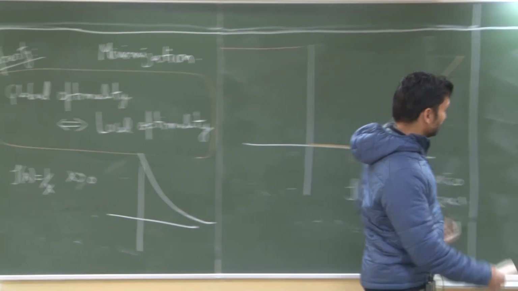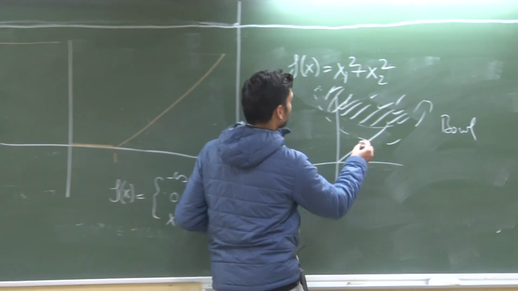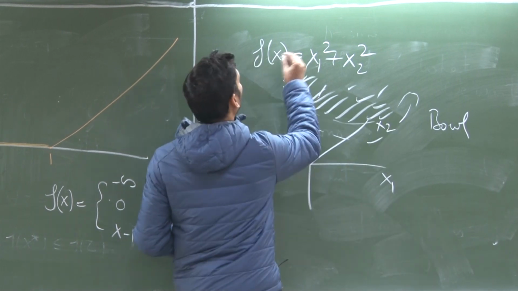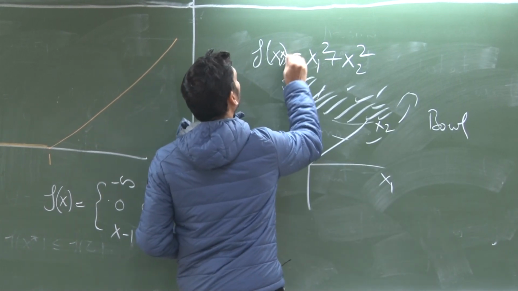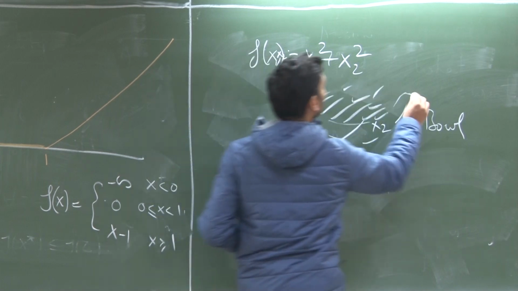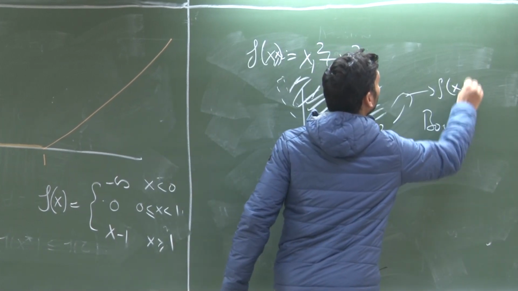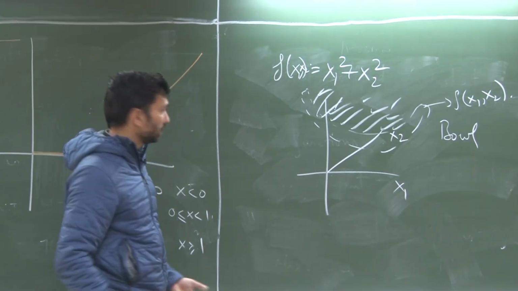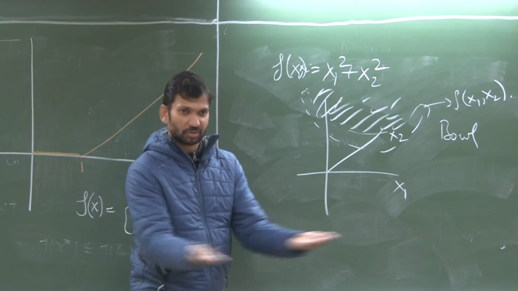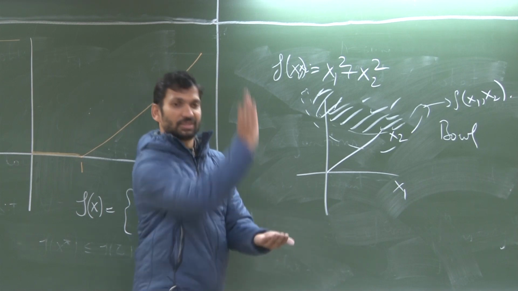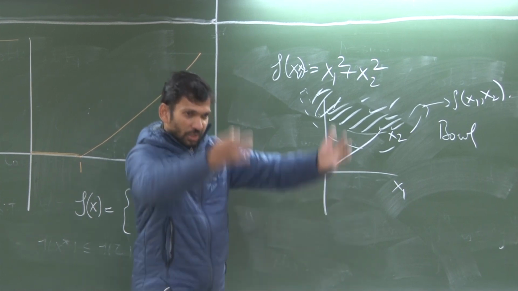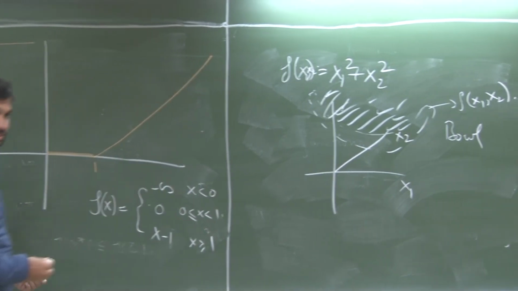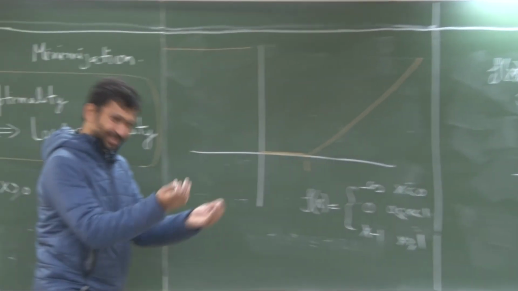This is in 3 dimensions. So yeah, I should say x1 comma x2, and this graph is f of x1 comma x2, and then come down, right? So x1, x2 are in the plane, and then this is the axis, so it will look like this pole kind of a thing, symmetric about both the axes, coming down, very nice.